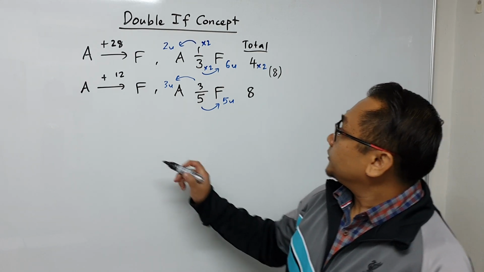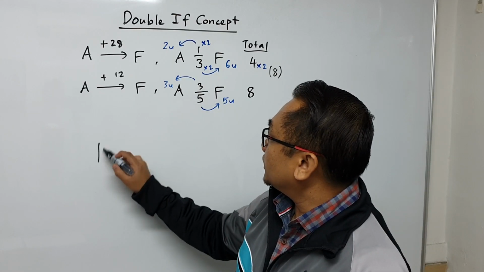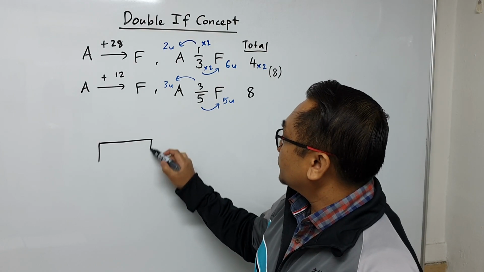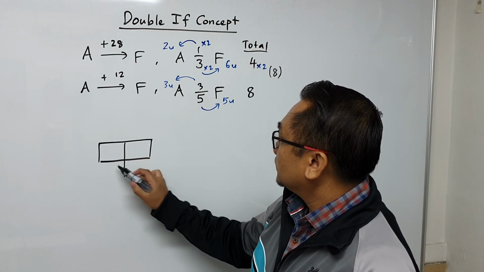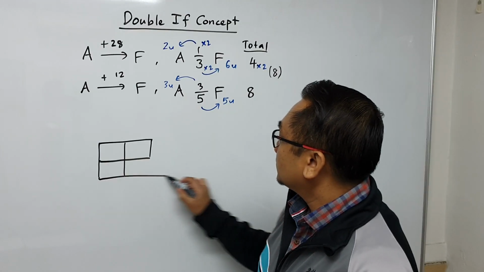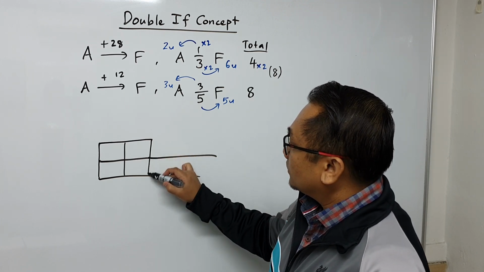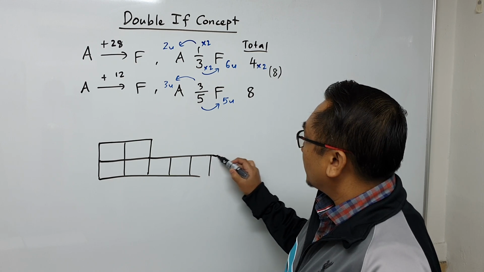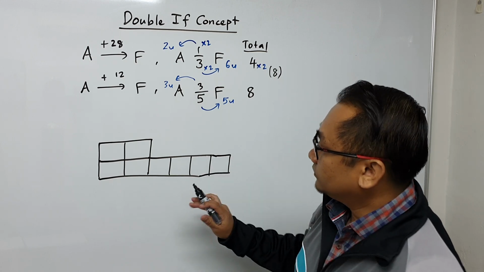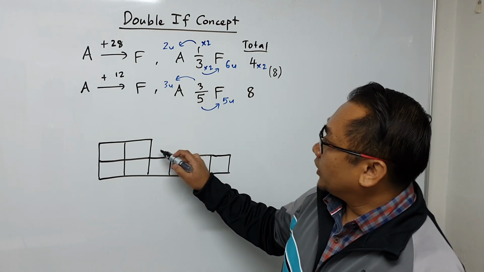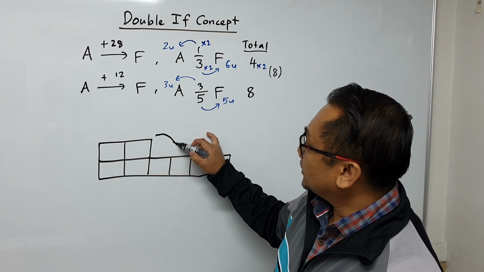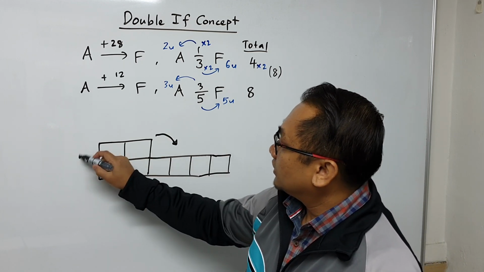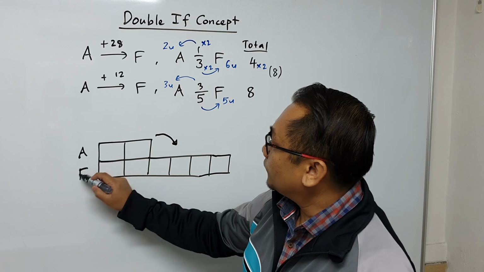How do we draw the model? In the first scenario, Alfred will have 2 units while Fiona has 6 units. 2, 3, 4, 5, 6. What happens? Alfred has given 28 stamps to Fiona.